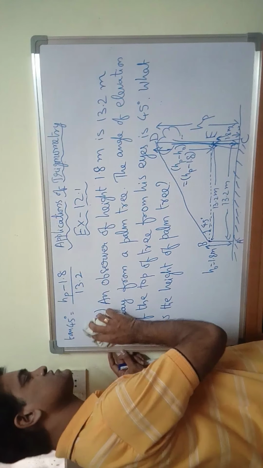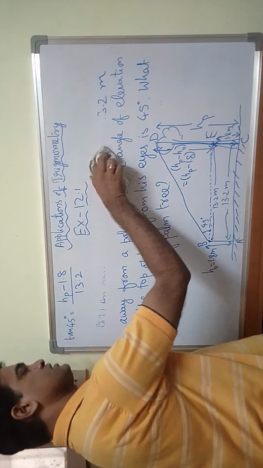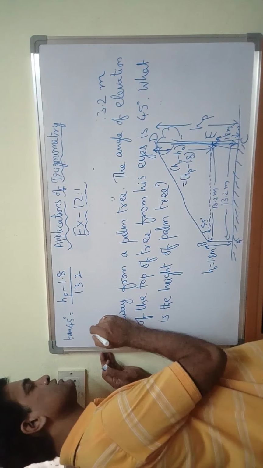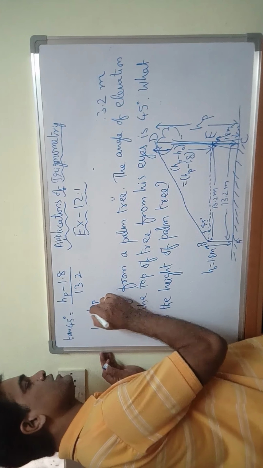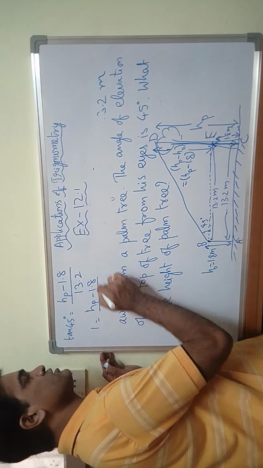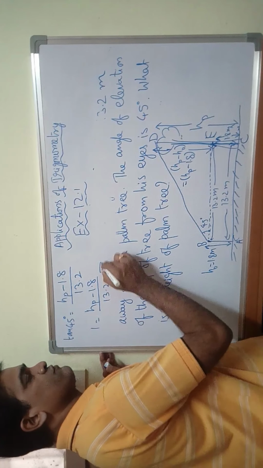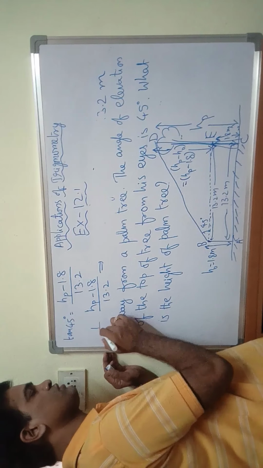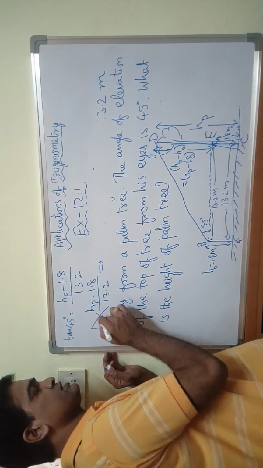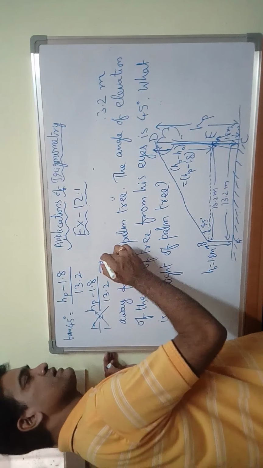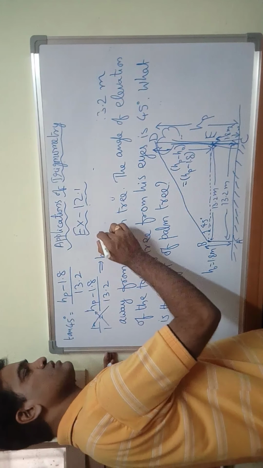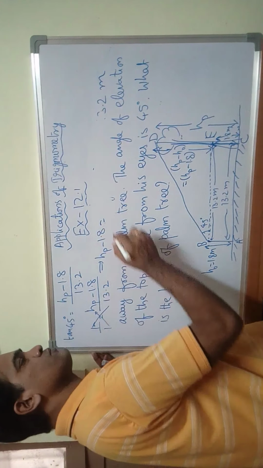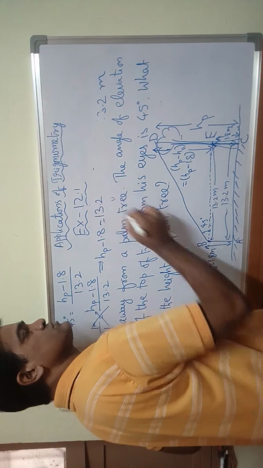So let me erase this portion and complete the solution. Here tan 45 is 1. So 1 is equal to height of palm tree minus 1.8 upon 13.2. If I cross multiply, this 1 is 1 upon 1, so what I get is HP minus 1.8 into 1, which is HP minus 1.8 only, equal to 13.2 into 1, which is 13.2.